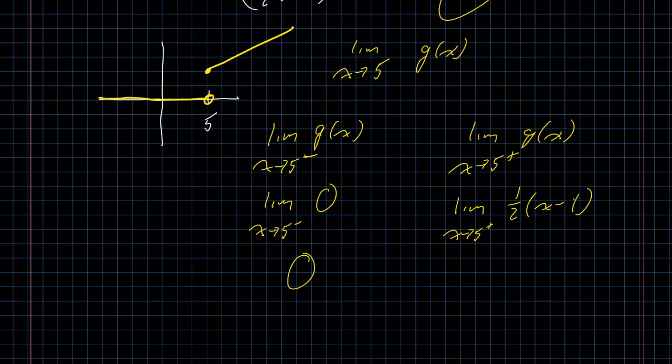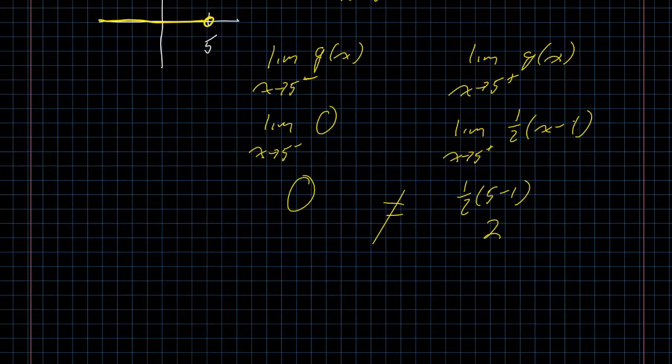And we know we can split this up. We can evaluate that just by distributing and then using linearity. We're going to get 1/2 times 5 minus 1, which is 1/2 times 4, which is 2. Because the one-sided limits do not agree, this limit does not exist.